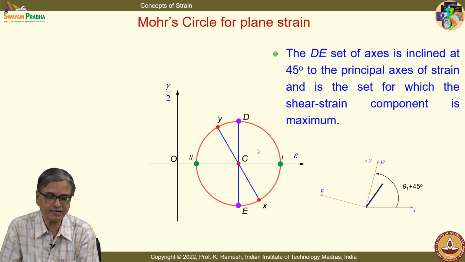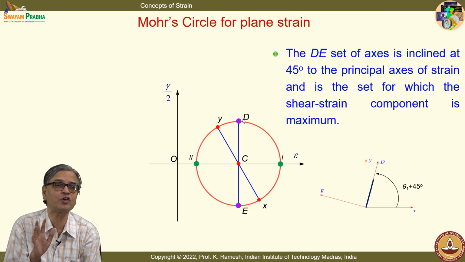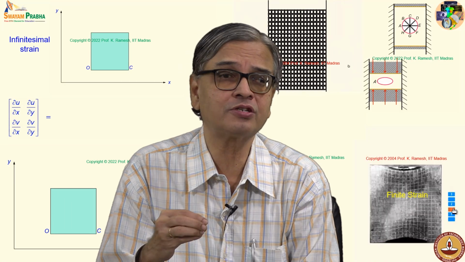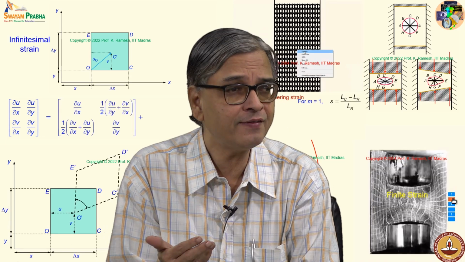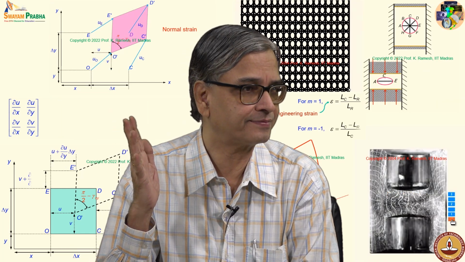In the Mohr circle, it is at 90 degrees. And you have in general on the maximum shear strain direction, you also have some value of normal strain. Normal strain is not absent. Suppose I go to a pure shear stress state or strain state, then I will have maximum shear strain, there is no normal strain.